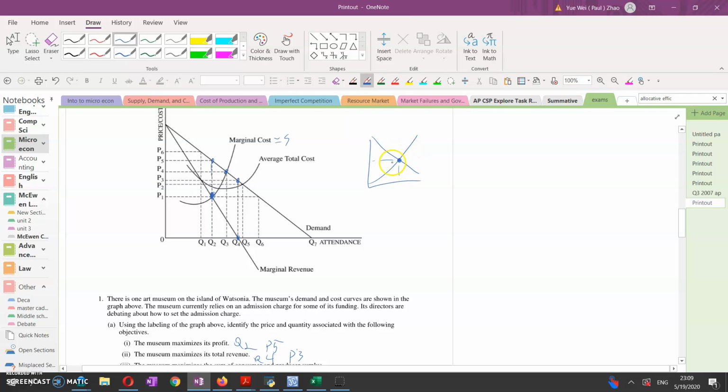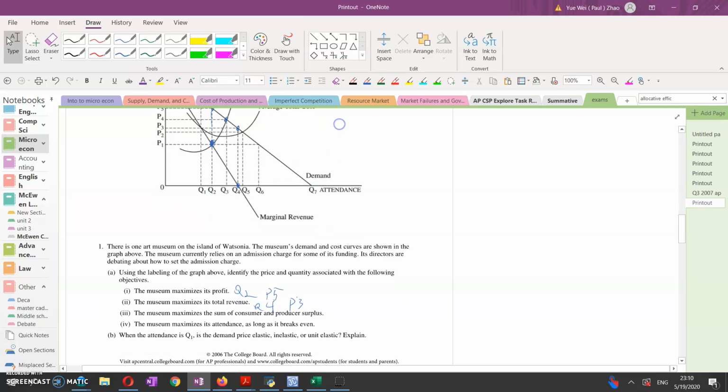There is no deadweight loss. It is the most consumer and producer surplus possible. And so to maximize that, we want to become that market equilibrium. The market equilibrium, because the marginal cost curve is really the supply curve, is where the marginal cost curve meets the demand at P4, Q3.